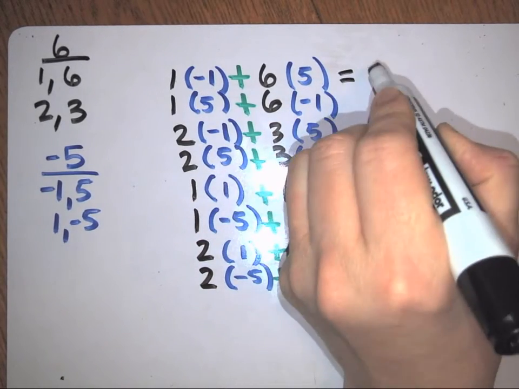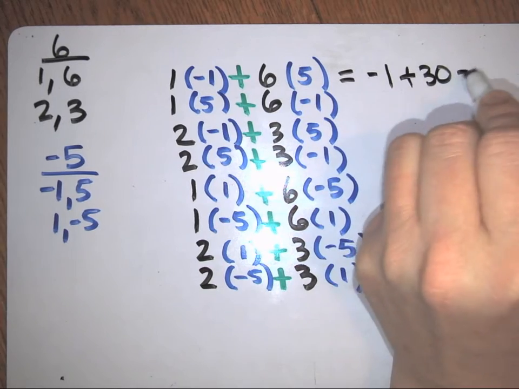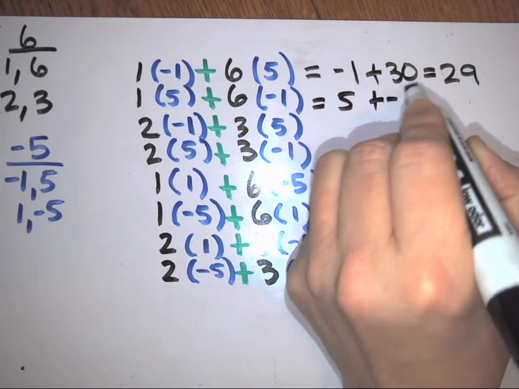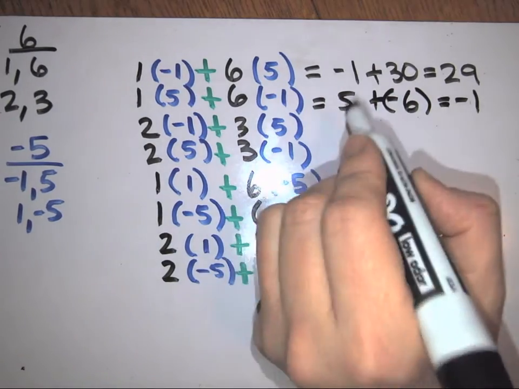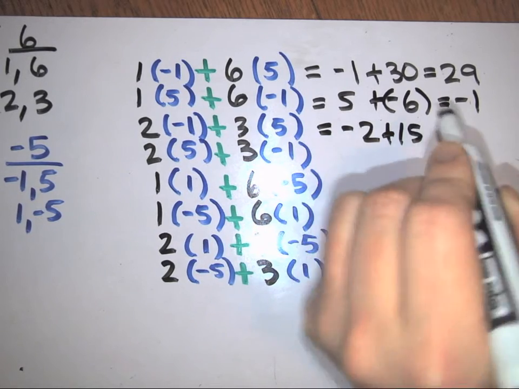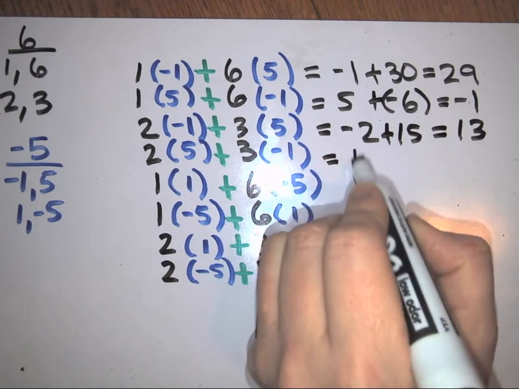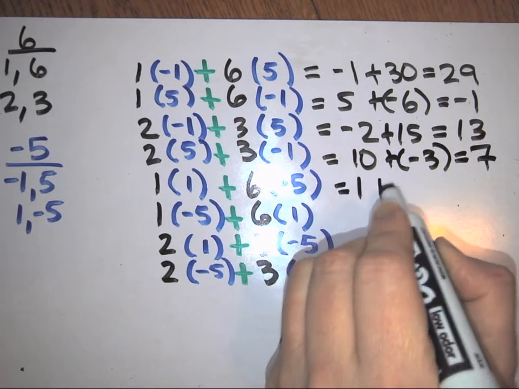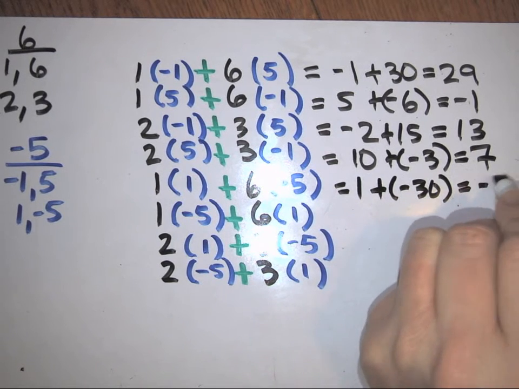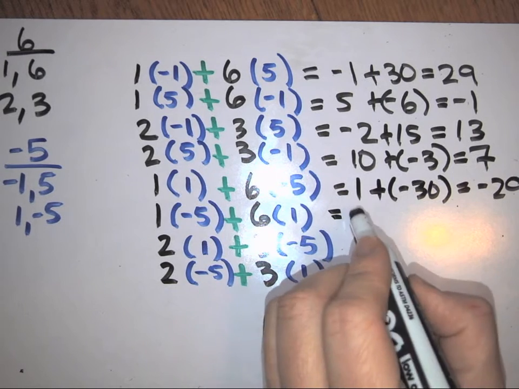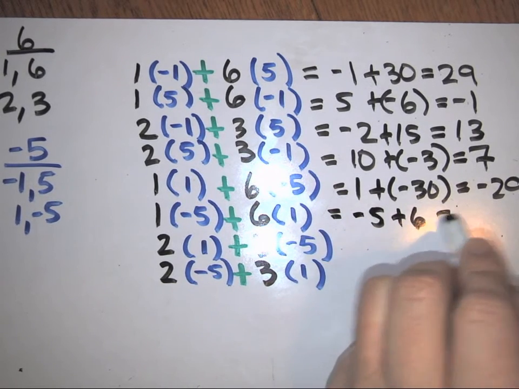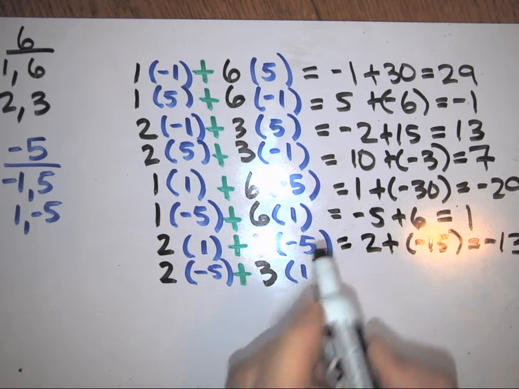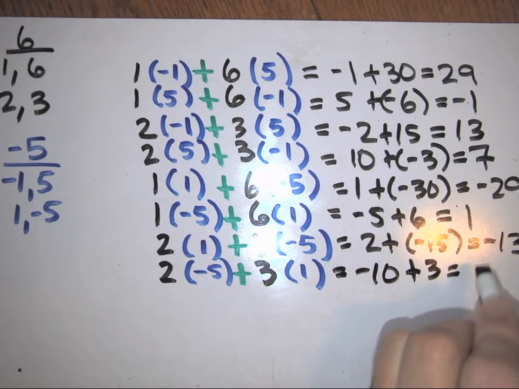So I'll have -1 plus 30 is 29. 5 plus -6 is -1. -2 plus 15 is 13. 10 plus -3 is 7. 1 plus -30 is -29. -5 plus 6 is 1. 2 plus -15 is -13. And -10 plus 3 is -7.